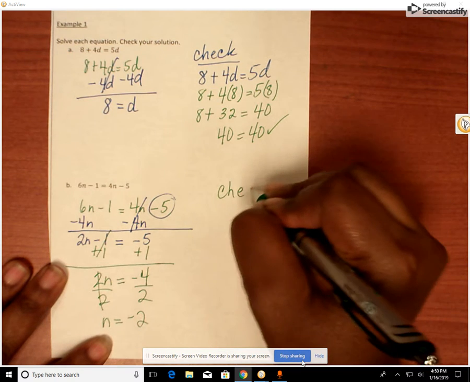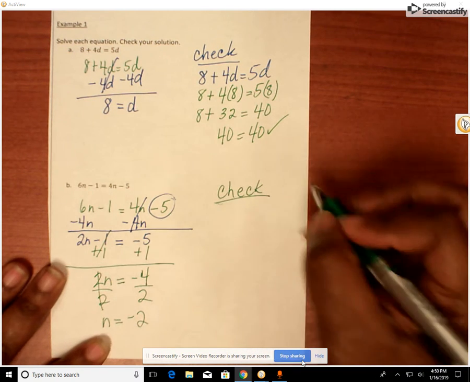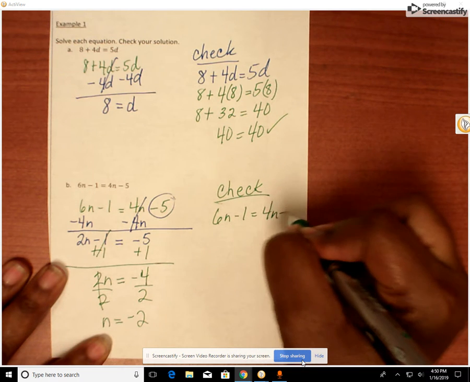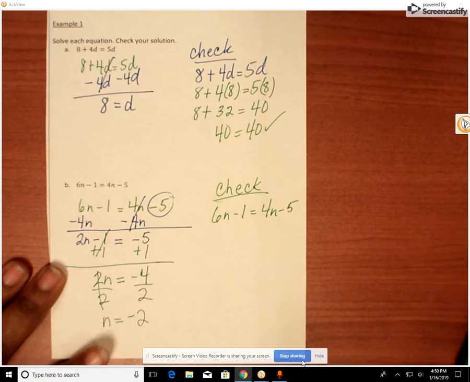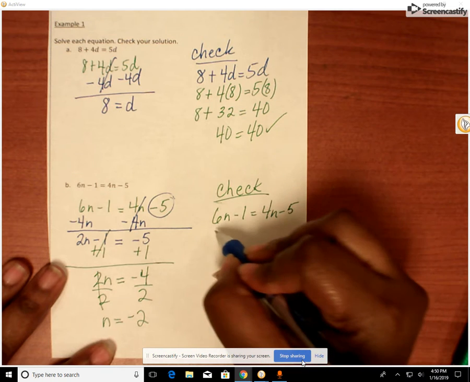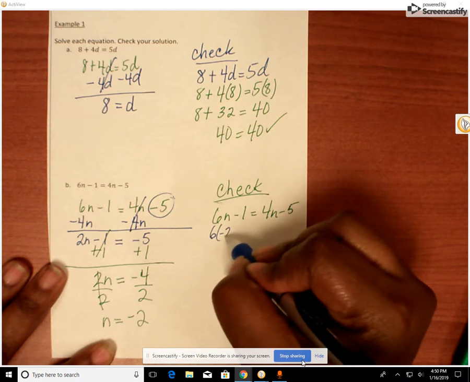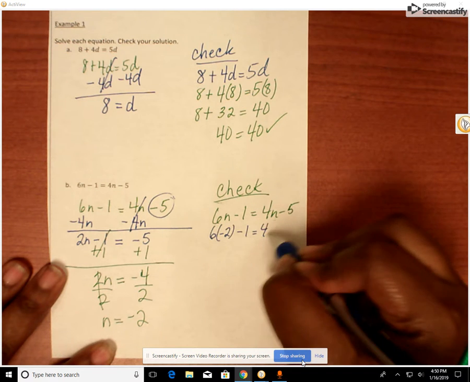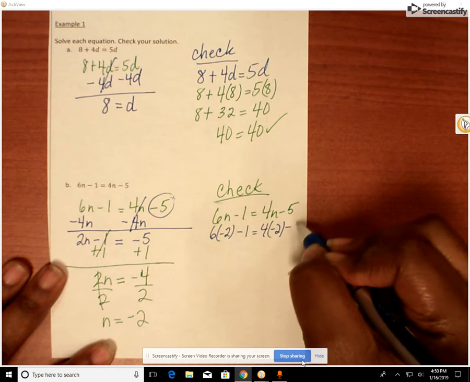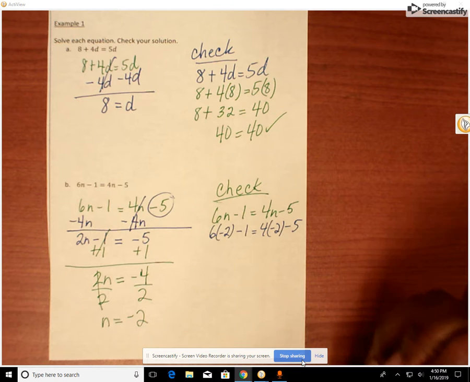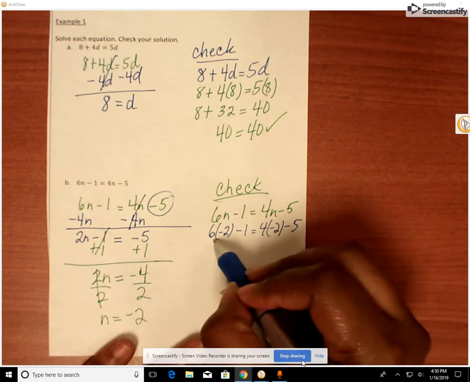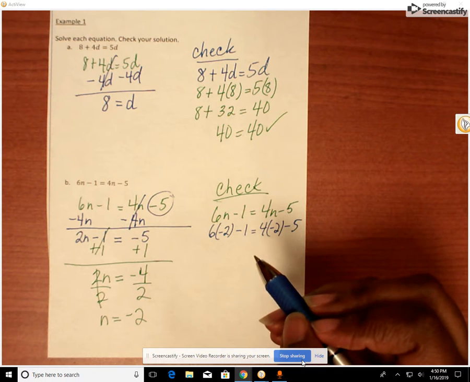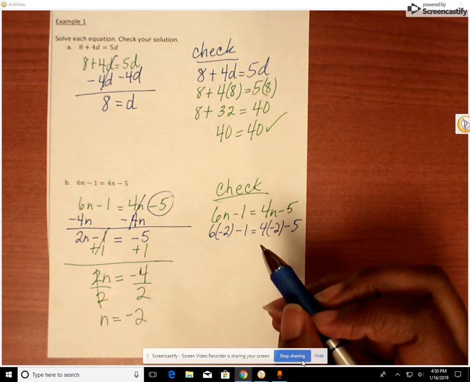Let's check it. Make sure we're right. Write the problem down first. We're going to replace n with negative 2 every time we see it. So 6 times n, or 6 times negative 2, minus 1. 4 times n, so times negative 2, minus 5. 6 times 2 is a negative 12.